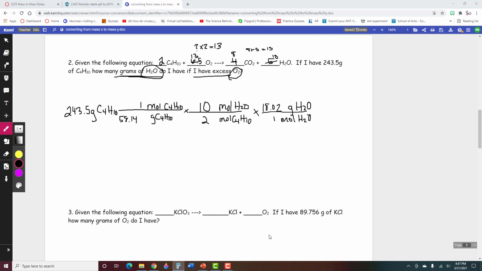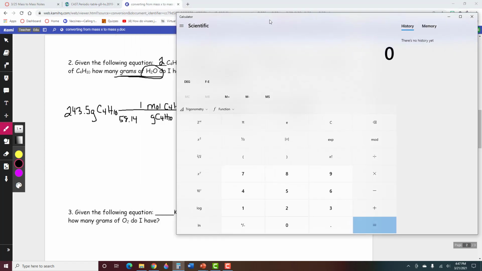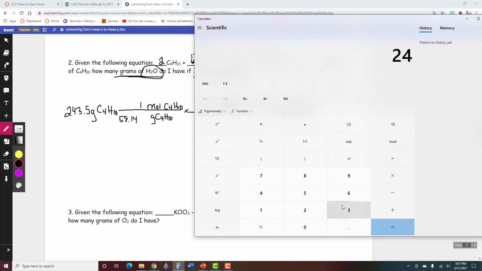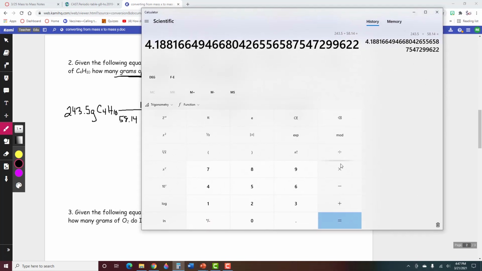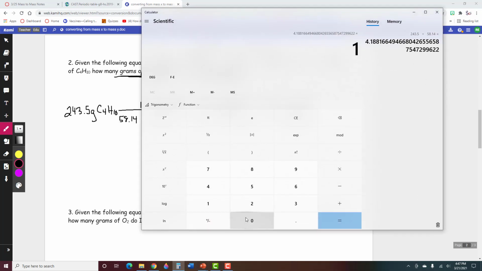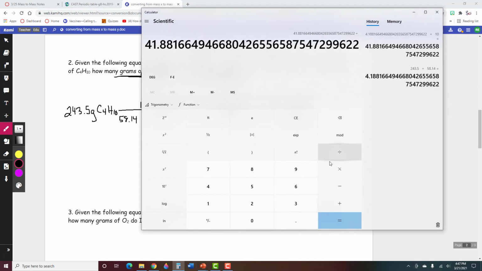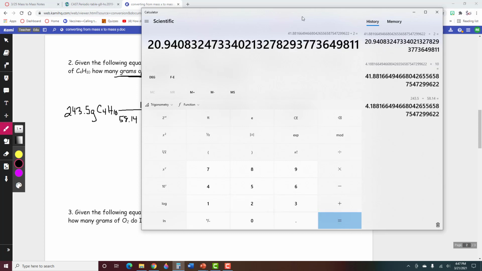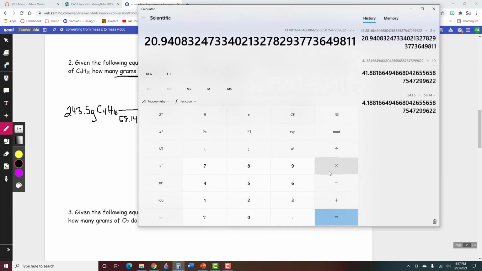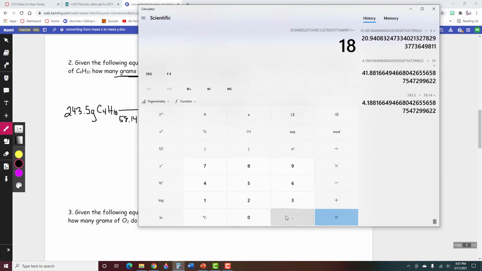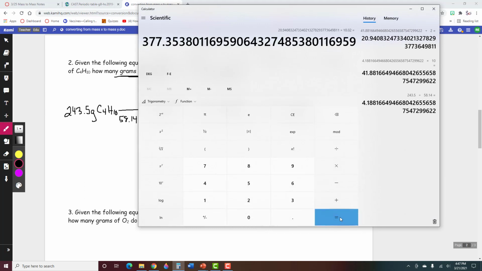And then we solve. So take your calculator, start on the left, so 243.5, and then divide by the 58.14 equals, and then in the middle I had 10 over 2, so I'm going to multiply by 10, and then I'm going to divide by 2, and then the last division bar was 18.02 over 1, so it's going to be multiply by 18.02 and then divide by 1.